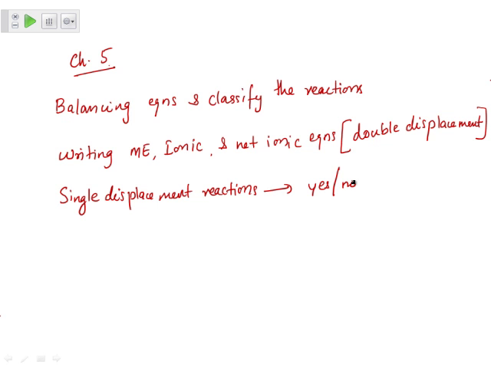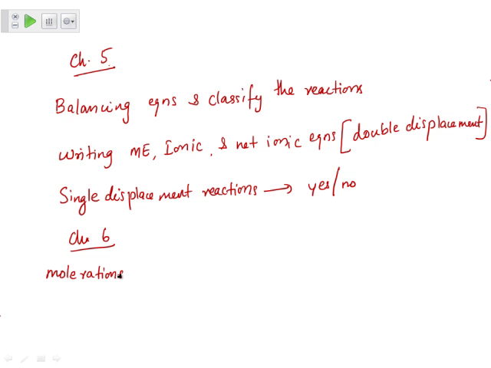Okay, going to chapter 6. Chapter 6 we started with mole ratios, yes. So, I will give you balanced equations for all questions in chapter 6, because every question in chapter 6 you start with a balanced equation.